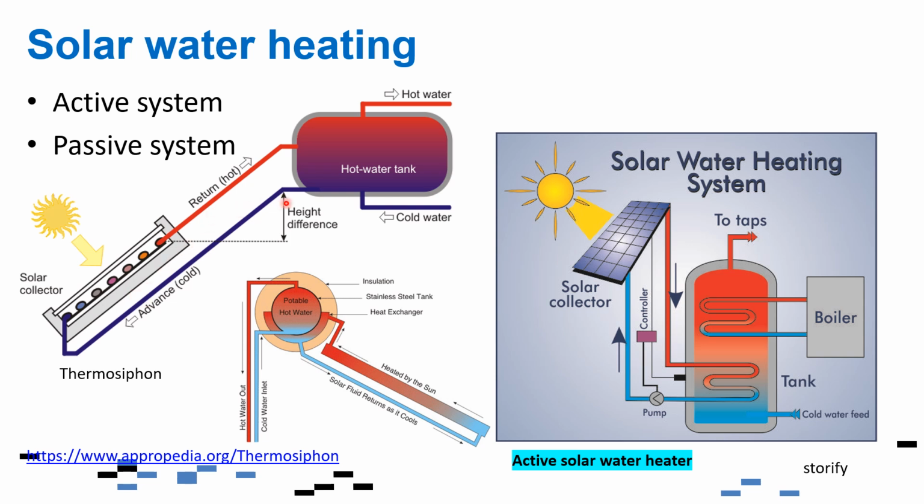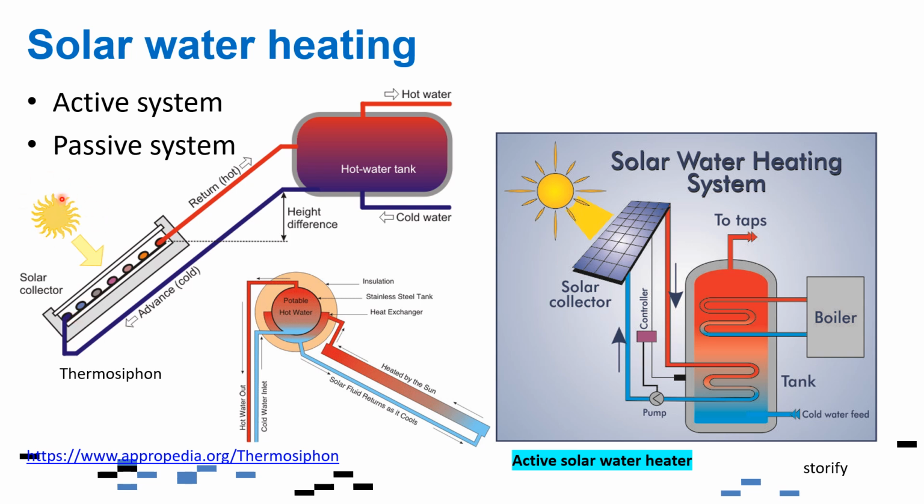The blue lines are the cold water here. Normally the cold water has a higher specific density compared to the hot water. Because it's higher density, gravity pulls the cold water down the pipe and it enters the solar collector.